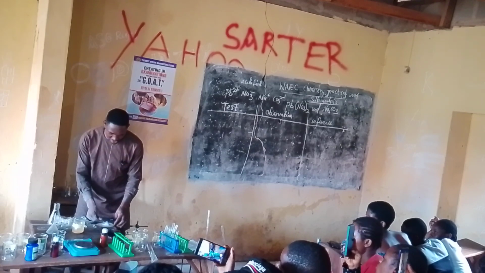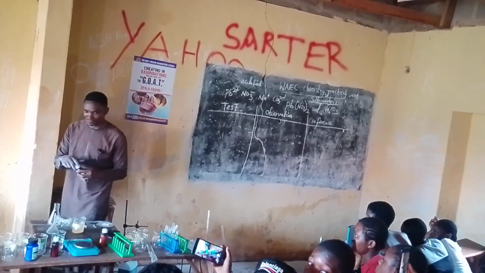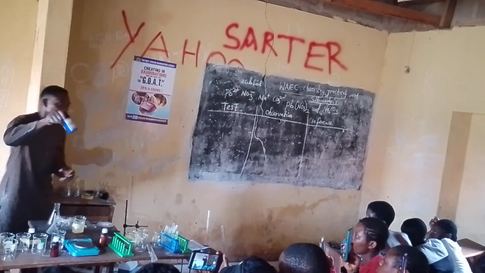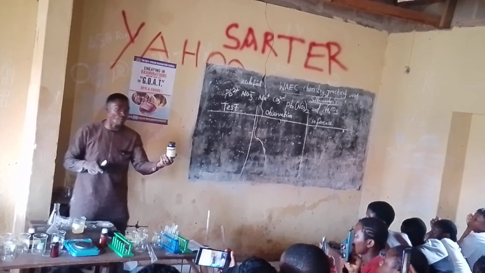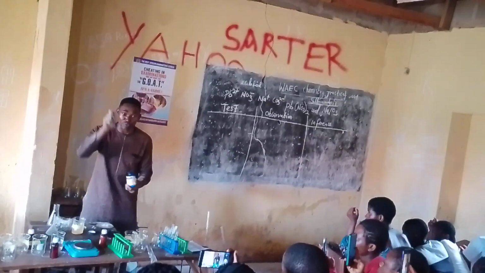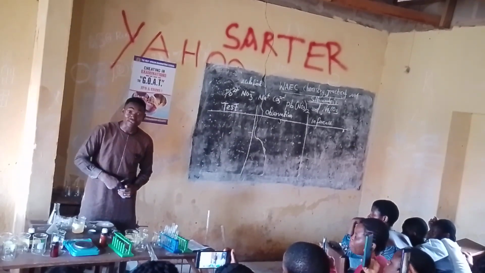I'm going to mix it with sodium carbonate, Na2CO3. Have you seen it? The 2 of them will make sample C. One will mix it, so sample C is a mixture.